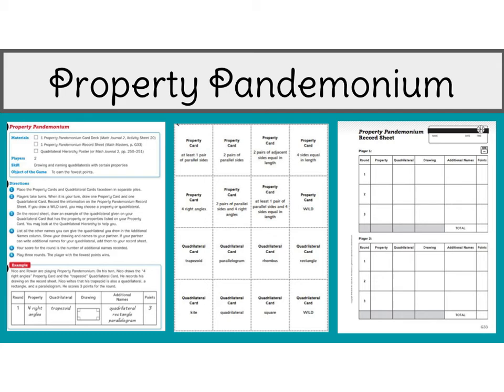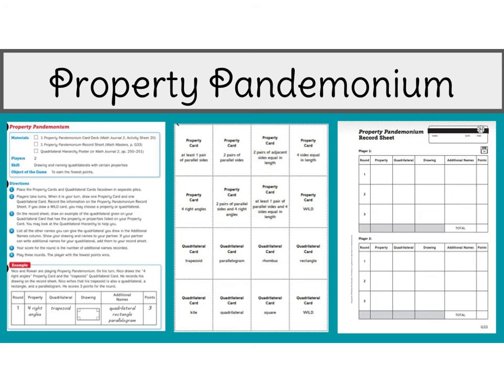If you draw a wild card, you may choose a property or quadrilateral. So you'll notice it's got property here, quadrilateral here. This is where you're going to make your drawing. And then this is where you would come up with additional names for your shape. And then this is where the points are going to get recorded.